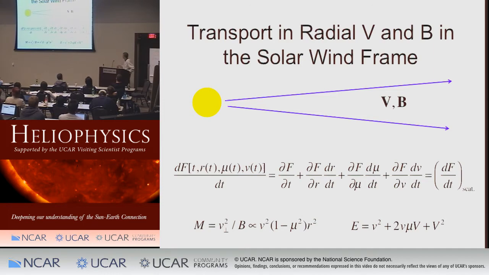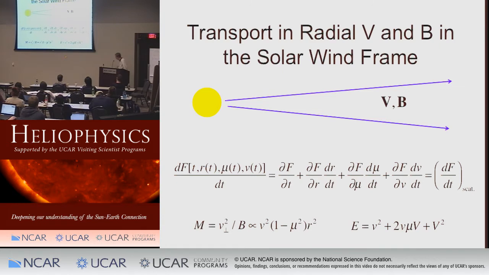Now, the other thing is that I'm going to assume that the particle, and this is true for virtually all these particles, unless they get to super high energies like galactic cosmic rays near the sun, you might have trouble. But assume that the radius of gyration is small compared to the characteristic radial distance here, okay? So the variation over a gyro radius of the particles is small. It turns out then I'm able to use as a conserved quantity the magnetic moment of the particles.